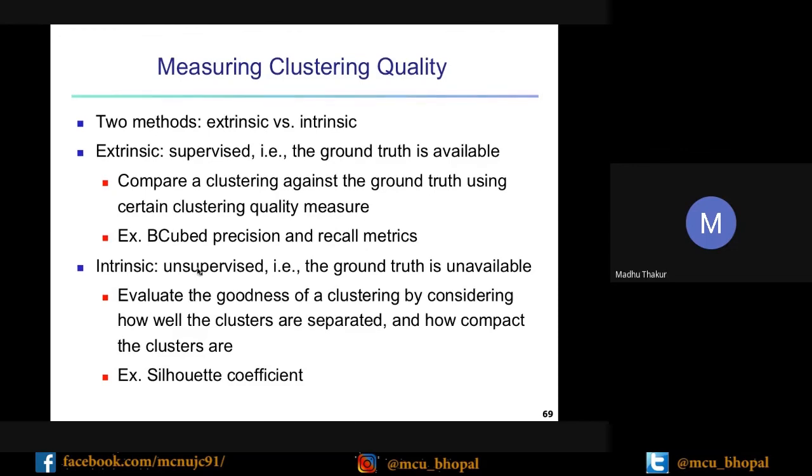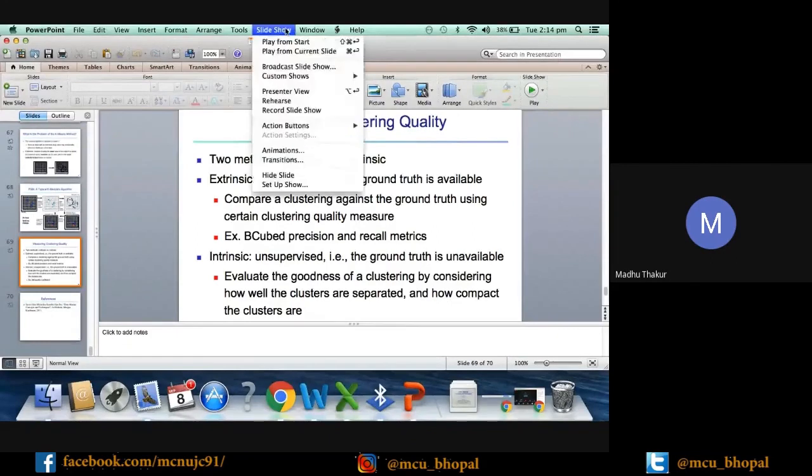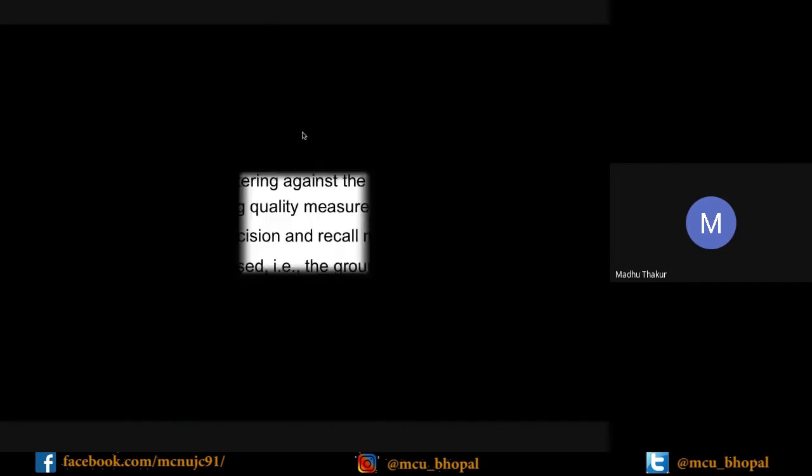Sometimes purity is also one of the measures for calculating the good clusters or quality of the clusters. A number of other measures are available for calculating the quality of your clusters.